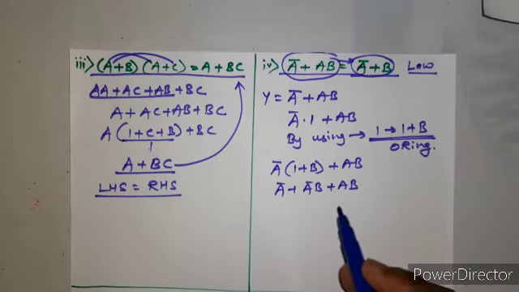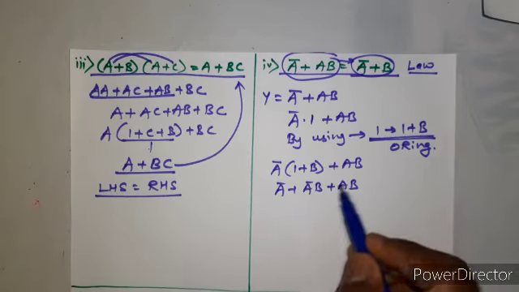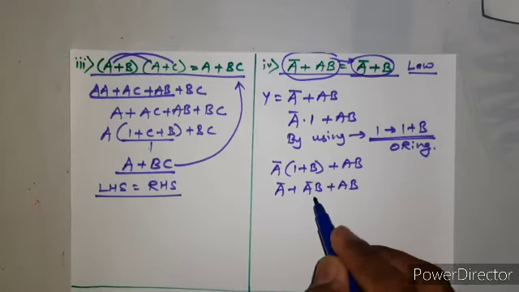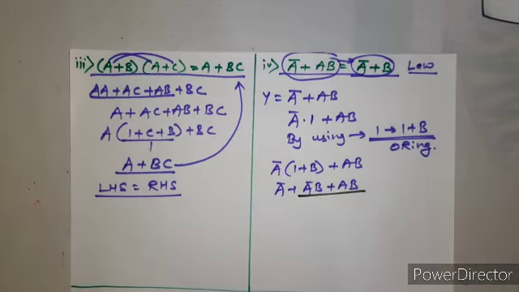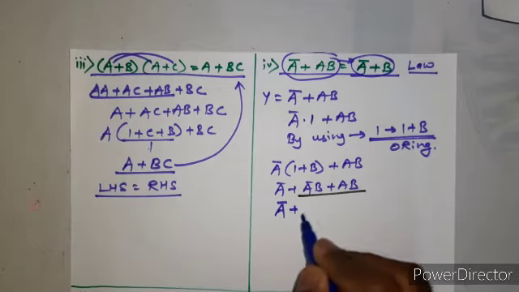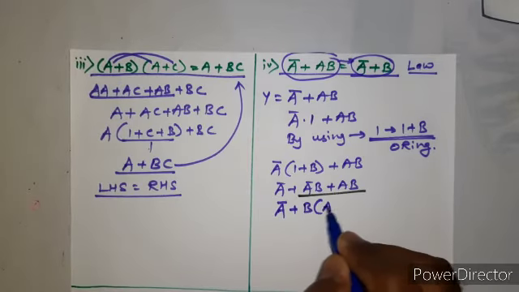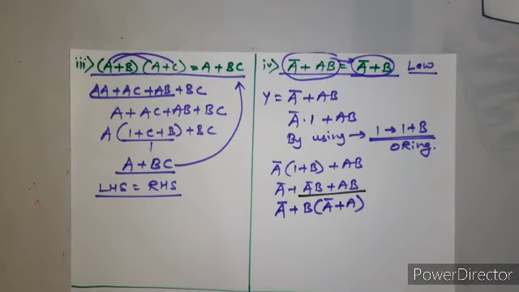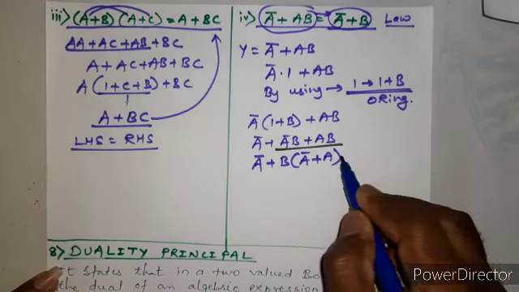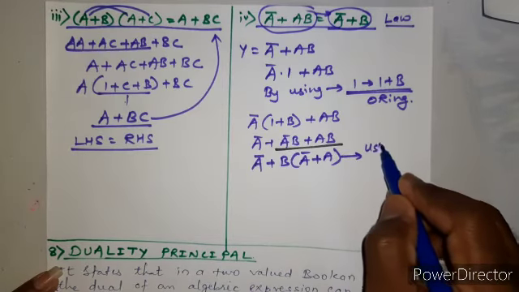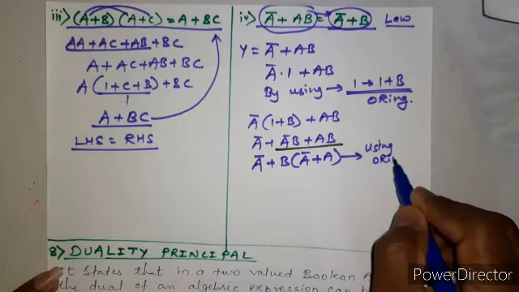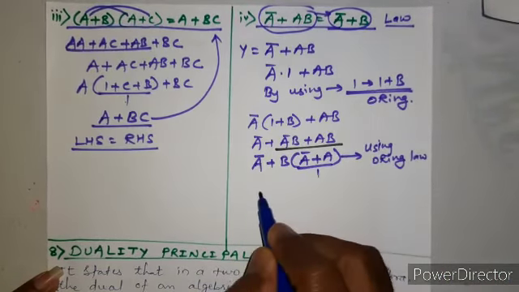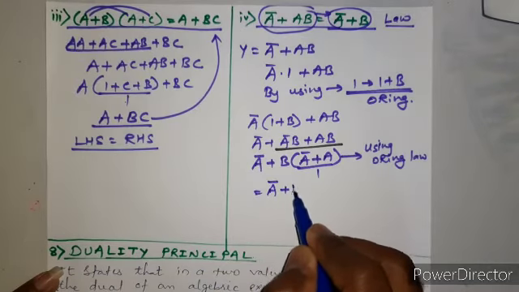Now can we have any common here? If you take this A bar common, we will return to the same equation. So try for this. If I take B common, now I have A bar plus A. Just now we have seen using ORing laws, this whole term is 1, so at the end we have A bar plus B, right?